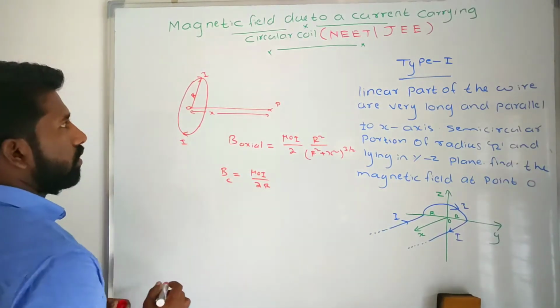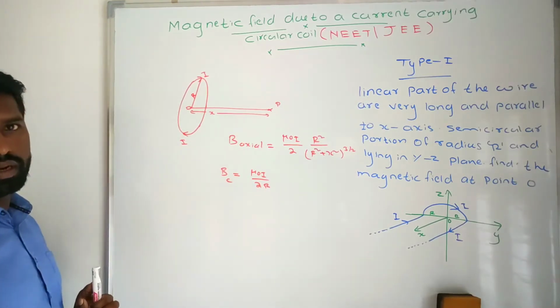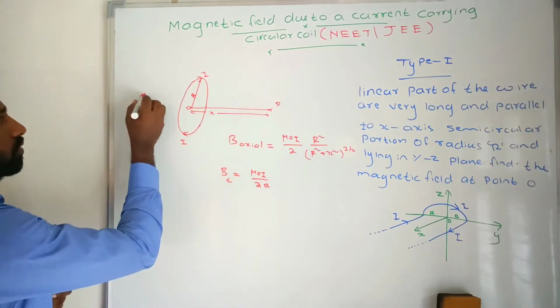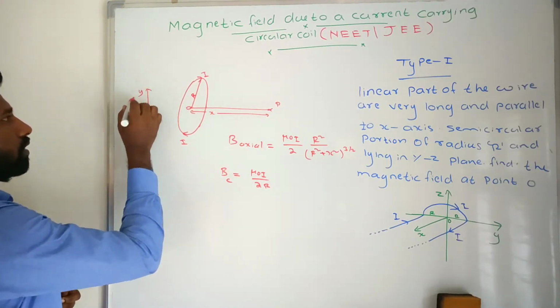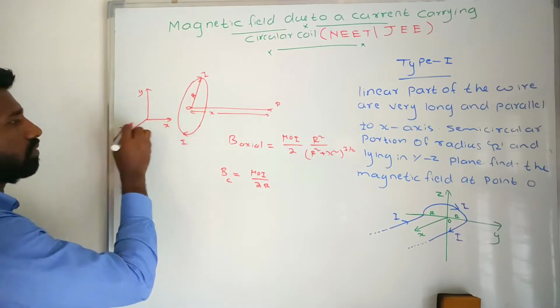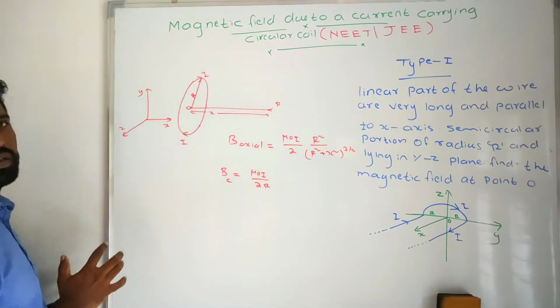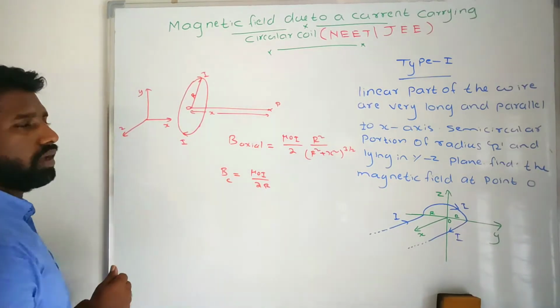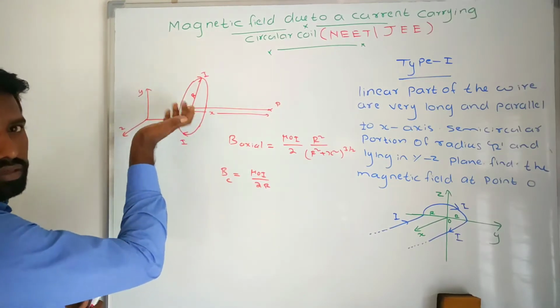The direction of the magnetic field can be found out by using the right hand rule. Now you see that this circular loop is along the YZ plane, so the magnetic field you can find out by the right hand rule.